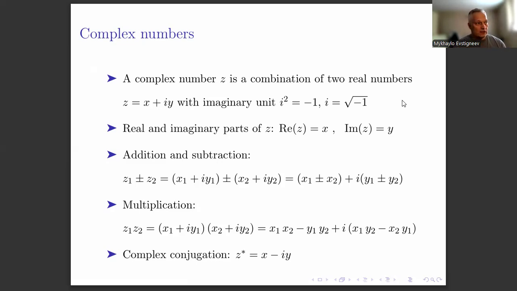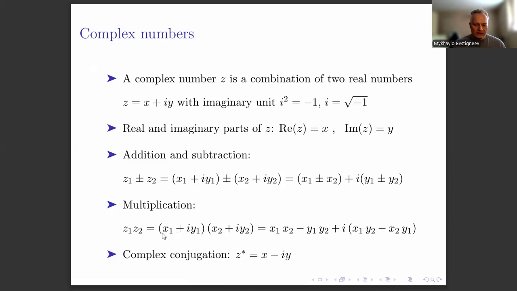Now you can also multiply two complex numbers, following the usual rules of multiplication of a sum times another sum. So a sum of x1 and i y1, and the sum x2 plus i y2. Just keep in mind that i squared is -1.